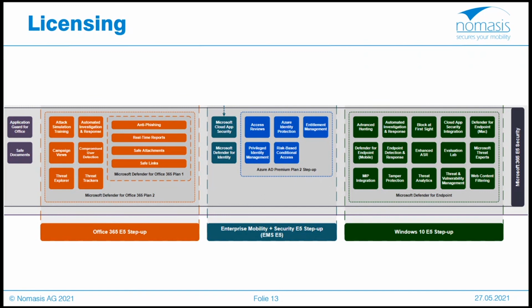In blue in the middle, you see the Defender for Identity, which of course can be licensed with E5 or E5 security, or just the Enterprise Mobility E5. And on the left-hand side, we have two different plans for Defender for Office 365, which we'll have a closer look at in the next slide.